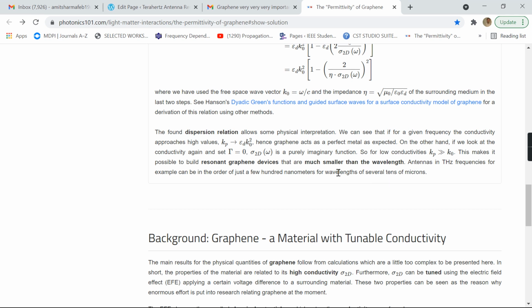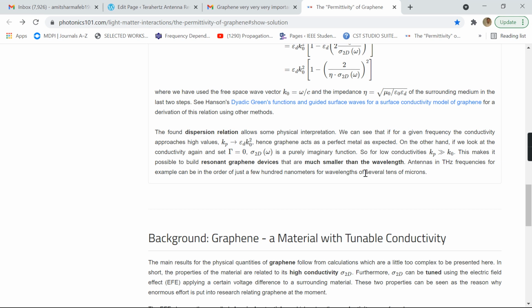Suppose the wavelength of the antenna is 100 microns, and the size of the patch or the antenna is 1 micron. Normally the principle says that the size of the antenna should be at least half of its wavelength. Then only the electromagnetic wave will propagate through it. But because of surface plasmon polaritons, the SPP wavelength becomes very much smaller than the normal free space wavelength of that frequency.